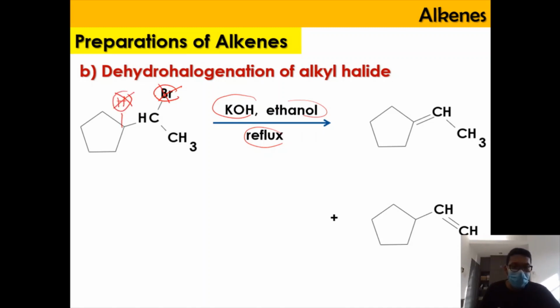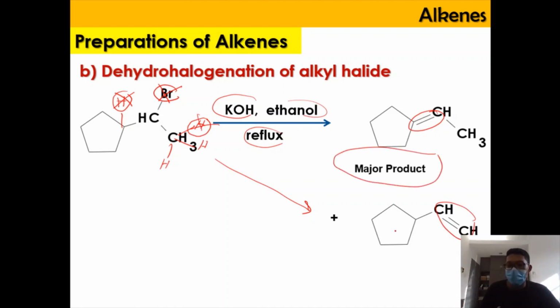If we remove these two, we're going to produce this type of alkene. And if we were to remove the hydrogen from here, so one of the hydrogens and Br is removed, we're going to produce another product here. So the upper one is going to be our major product, and the lower one is going to be our minor product.